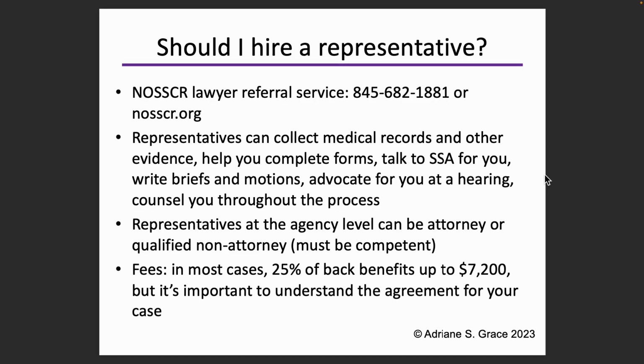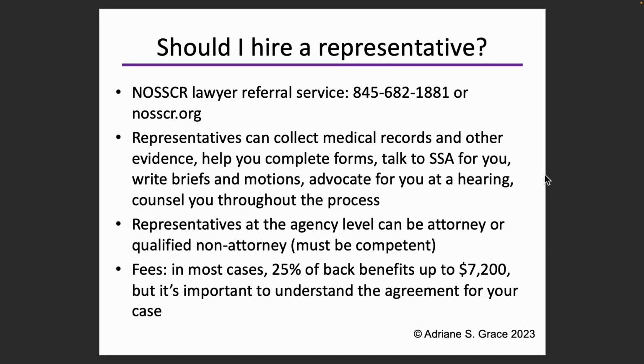Okay, so an important question is, should I hire a representative to help me? Personally, I think that parents can advocate for themselves if they're patient and they understand what to expect. The whole point of this conversation today is to help you understand what to expect. I think the biggest stumbling block for parents is not knowing what to expect. Is this normal? Are they giving me the right information? That's why y'all are here today.